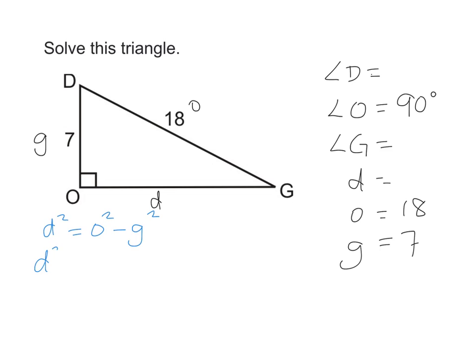So D squared is equal to 18 squared minus 7 squared. This D squared comes out to 275. And then to get the actual value of D, you take the square root, and that comes out to 16.6 if we round to the nearest tenth.